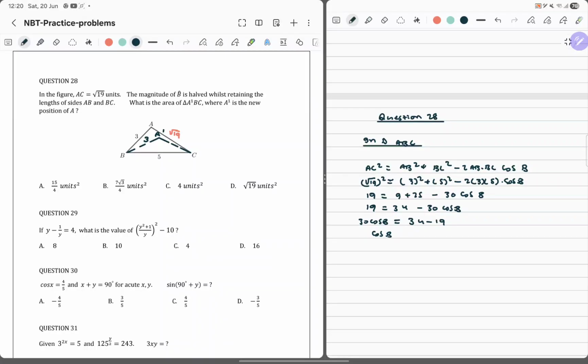And then cos B is going to be 34 minus 19 divided by 30.